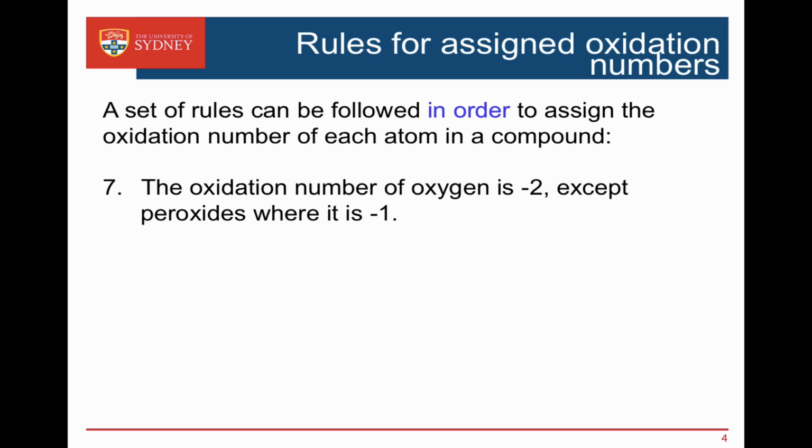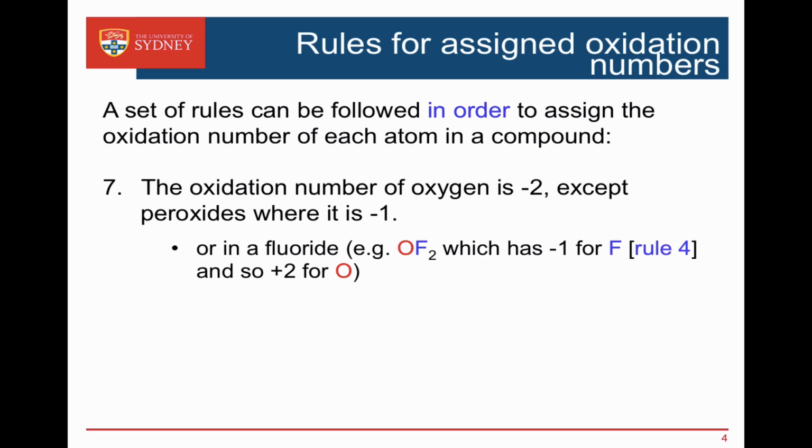In a peroxide like hydrogen peroxide H2O2, the oxidation number is -1. But also, if that oxygen is bonded to fluorine, then the fluorine from rule 4 will have a -1, and so the oxygen is there to balance out the charge of the fluorine. For example, in OF2, we've got 2 fluorines, so 2 -1s, then the oxygen must be +2 to make sure that the whole molecule has an overall charge of 0.